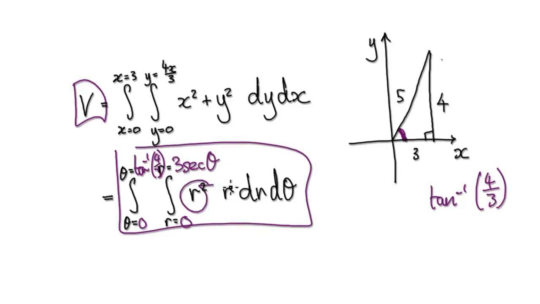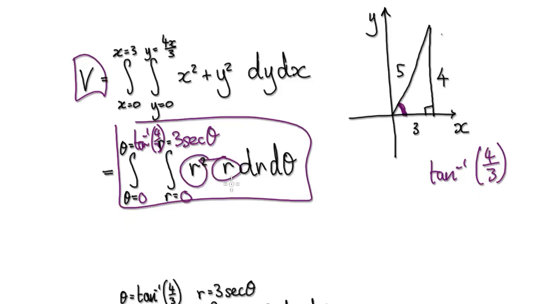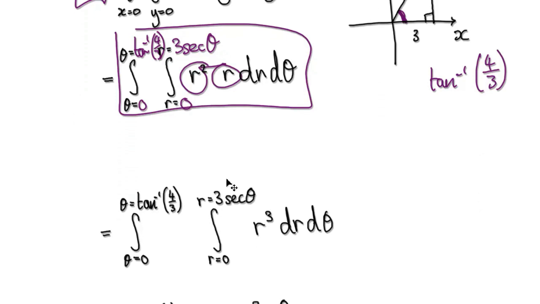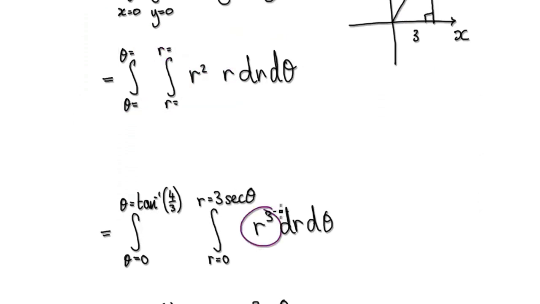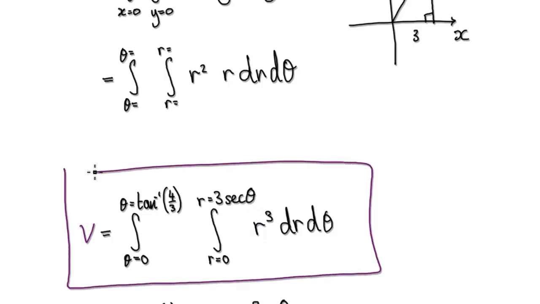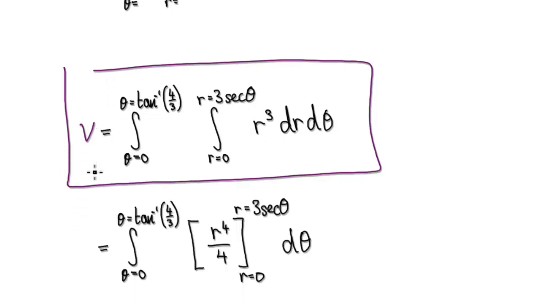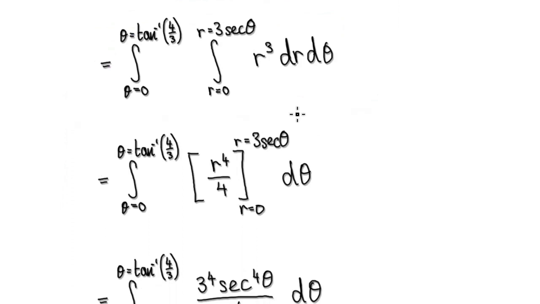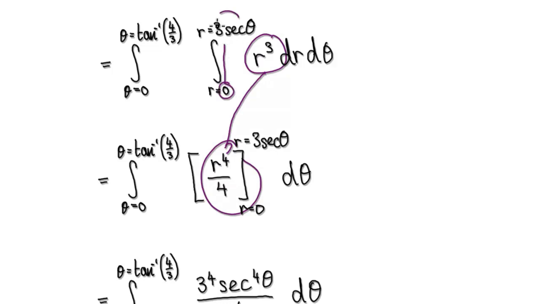Merge these two together, and it will give you r to the power of 3. So we are currently at this step here. Now let's try and integrate it. When you integrate r to the power of 3, it will give you this, and we're integrating from a radius of 0 to 3 secant.